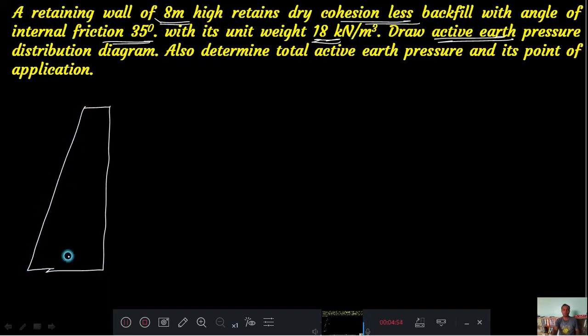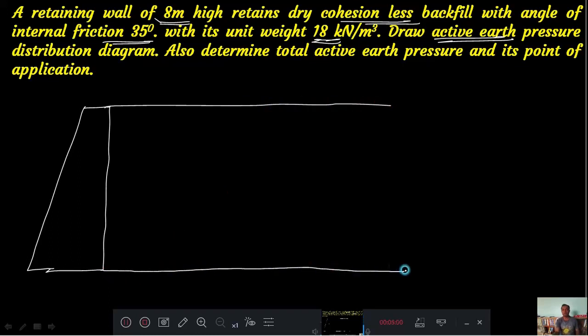Here, how many layers are there? Only one layer of soil. The height of the retaining wall is 8 meters, phi is given as 35 degrees, and gamma is given as 18 kilonewton per meter cube.